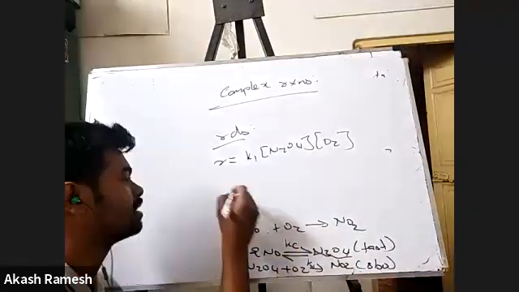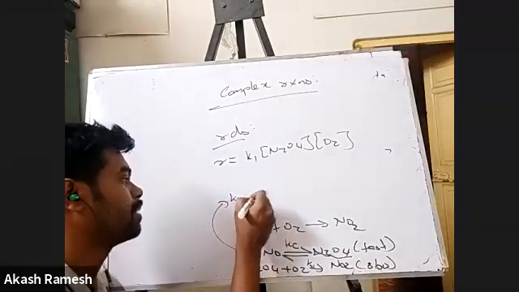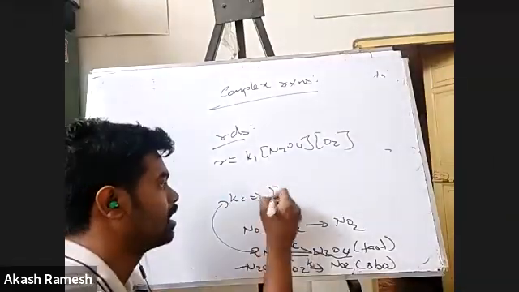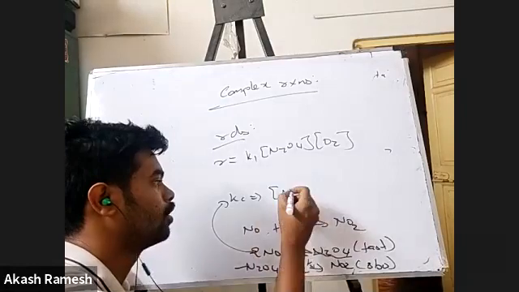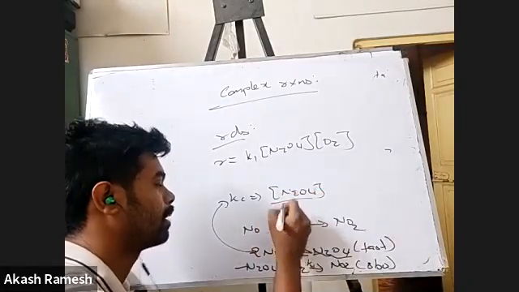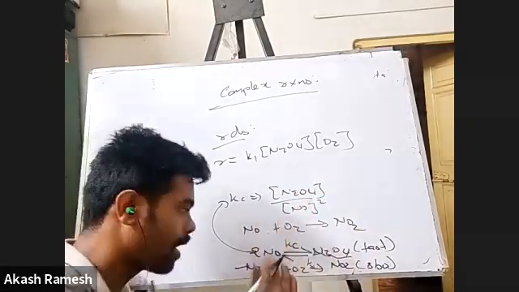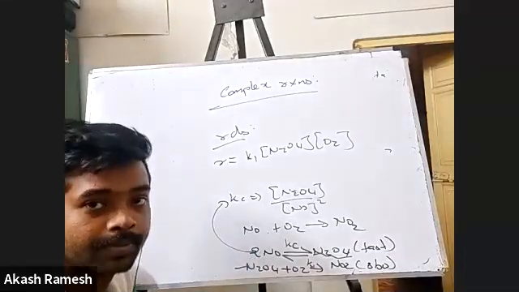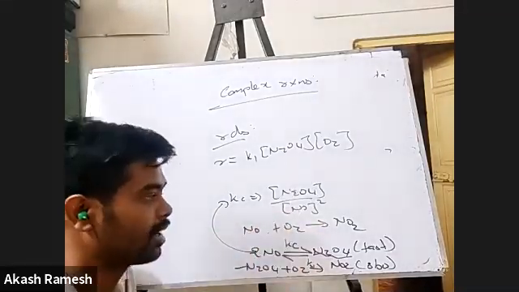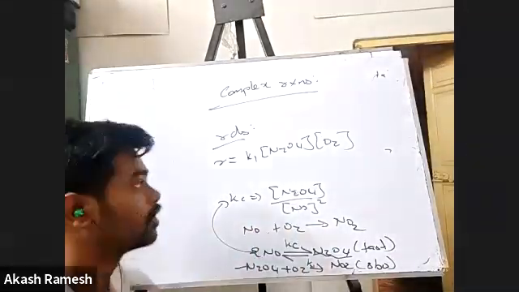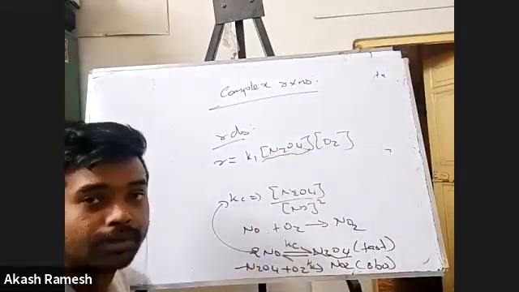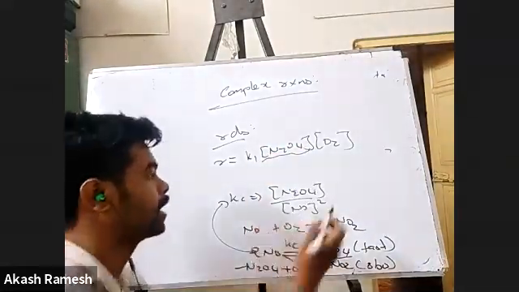Now, if I write the Kc value from the first step, it will be the concentration of N2O4 divided by the concentration of NO squared, because I have two NO. So what I need is the concentration of N2O4, and I can find it from this.